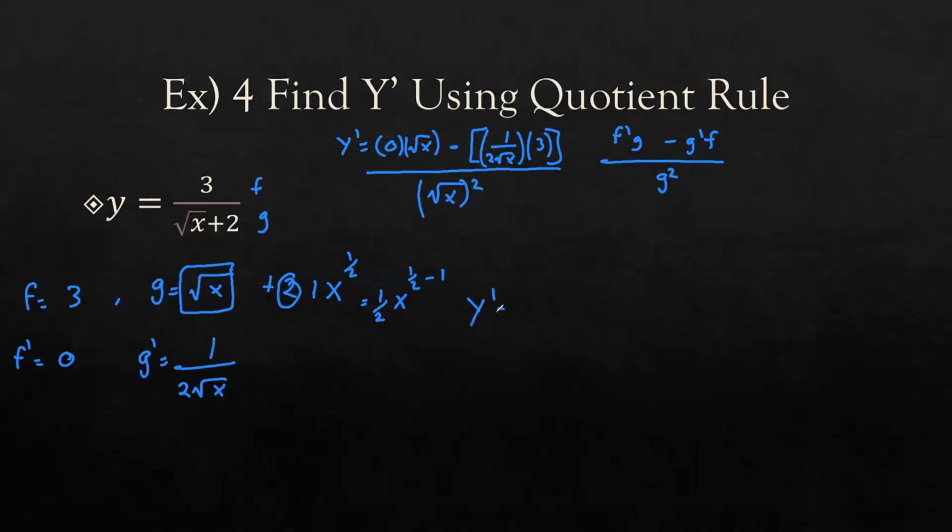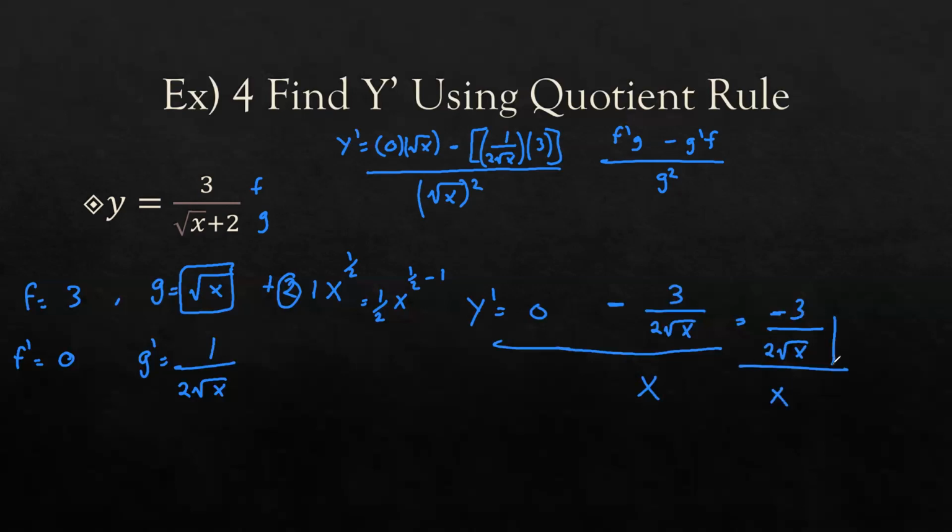So 0 times radical x is 0, so that's good. And then what's 1 over 2 radical x times 3? That is 3 over 2 radical x. And then you have a minus. And on the bottom, radical x squared is just x. On the top, what's 0 minus this? It's just negative 3 over 2 radical x. So we have a complex fraction, and then on the bottom is x.